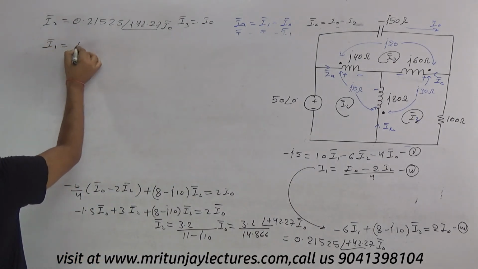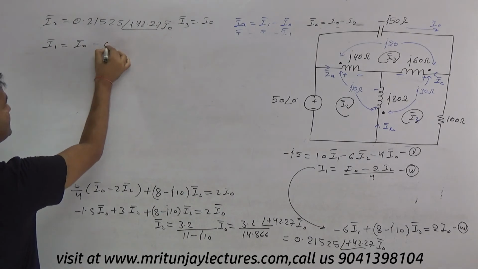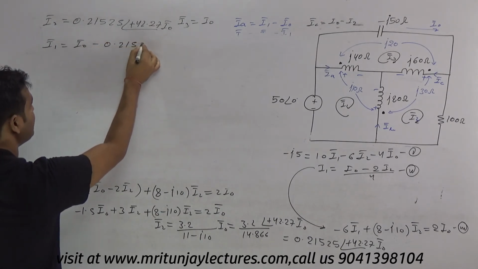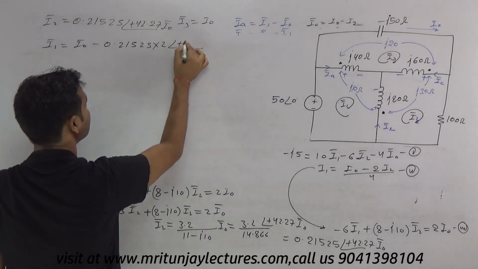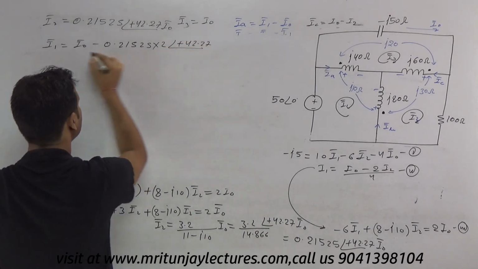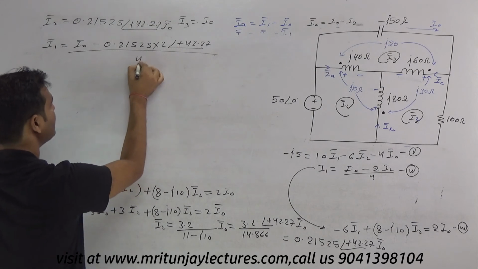I1 this will equal to I naught minus 0.21525 into 2 at the angle plus 42.27 divided by 4.